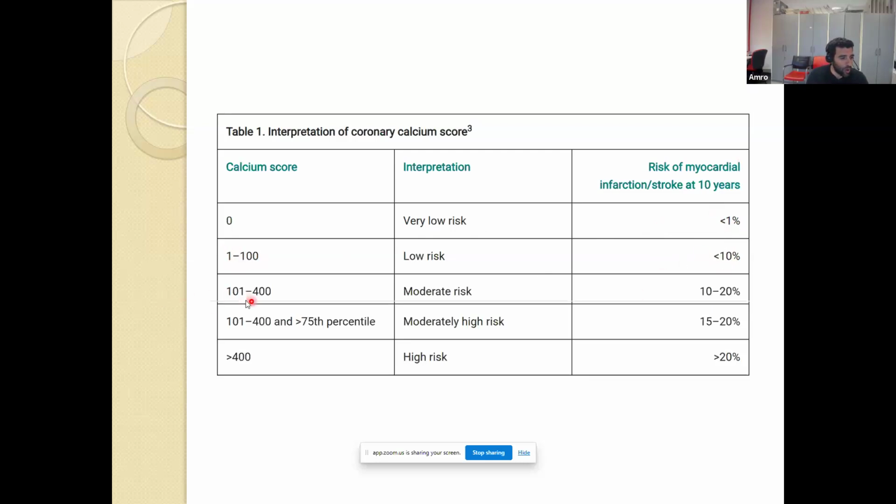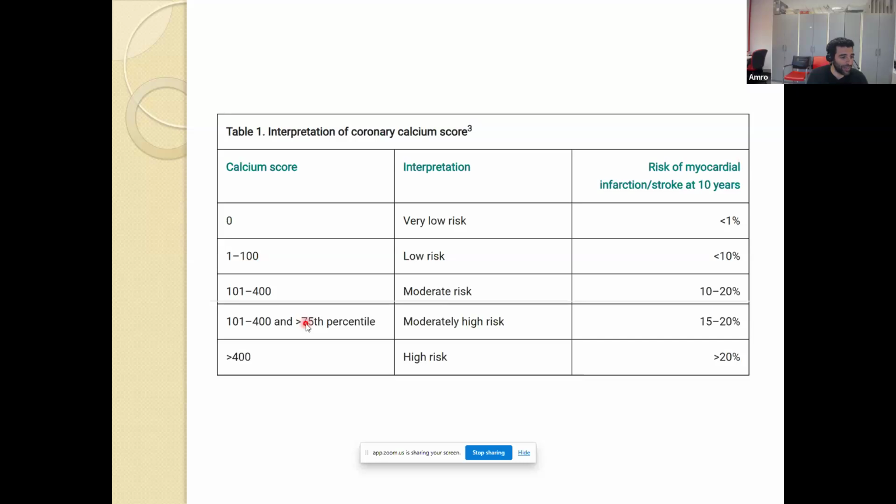If you score 100 to 400, you're in the moderate risk group. And in this group, we start using something called percentiles based on age. Because if you're 40, and you've got a calcium score of 400, that's really worrying. You are going to be in the top 25% percentile.